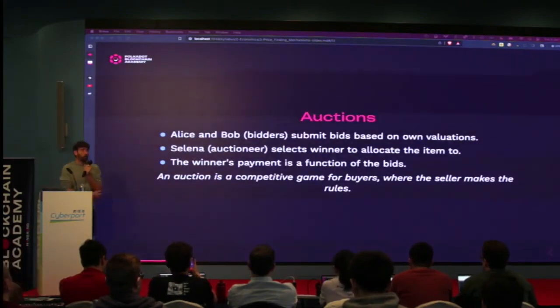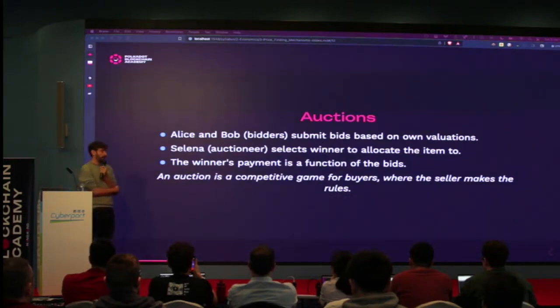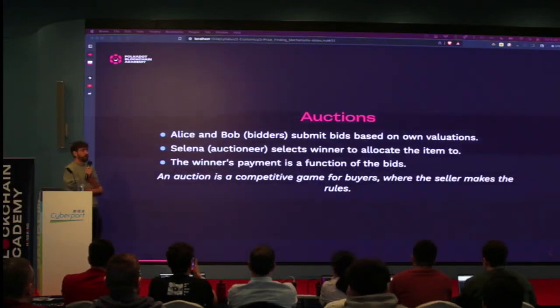So let's say we're now into auctions. Alice and Bob are the bidders and they submit bids based on their own valuations. Again, they don't have any idea about the valuations of each other, and Selena doesn't know the valuations of Bob or Alice.